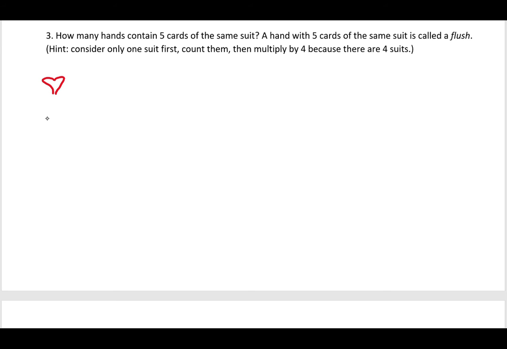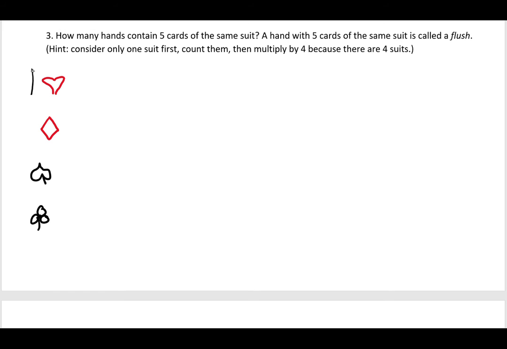There's hearts, there's diamonds, there's spades, and there's clubs. All right, so the number of 5 card hands with 5 hearts should be the same as the number of hands with 5 diamonds or with 5 spades or with 5 clubs.